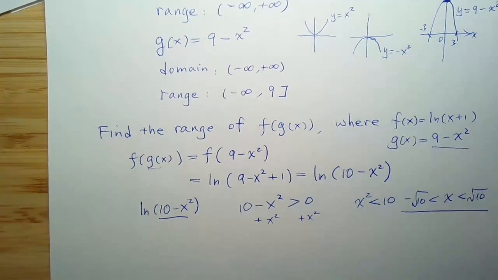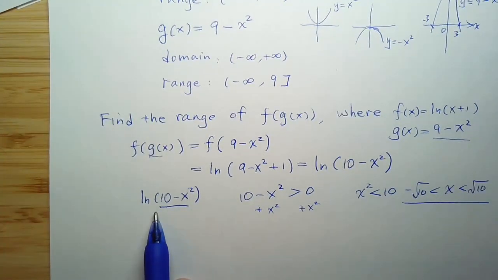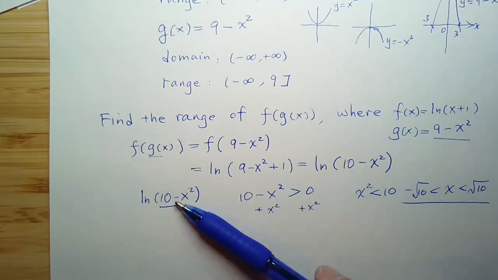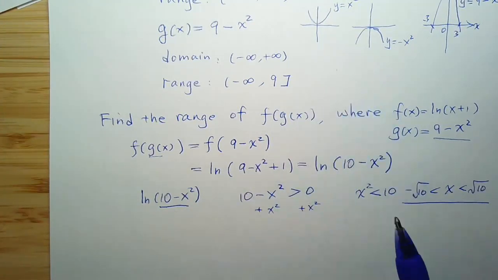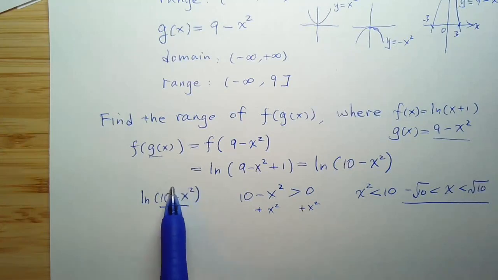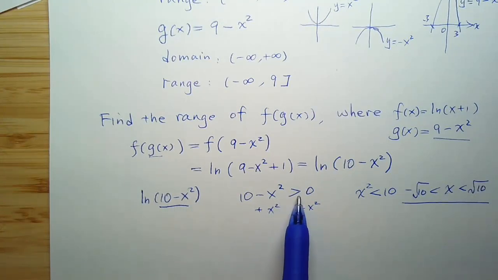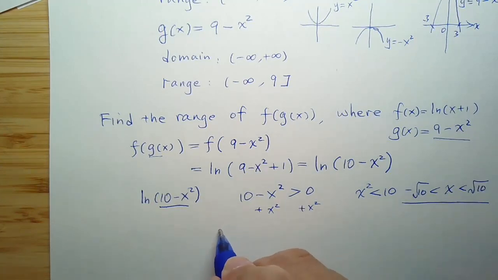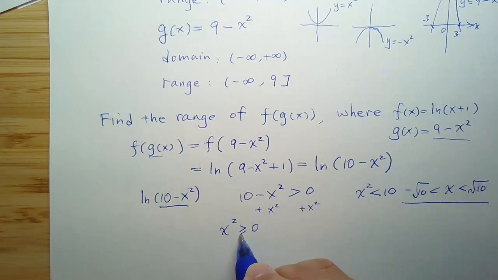What about the range? If you think about this log function, it's an increasing function, right? Inside, 10 minus x squared is greater than 0, but if you remember, x squared is always greater than or equal to 0. So negative x squared would be less than or equal to 0.